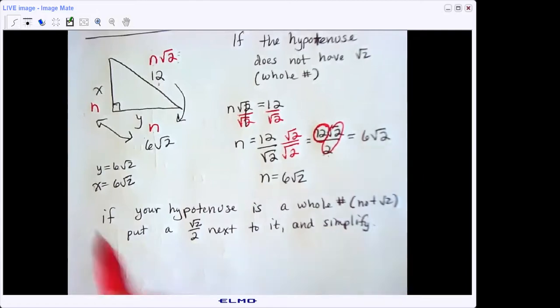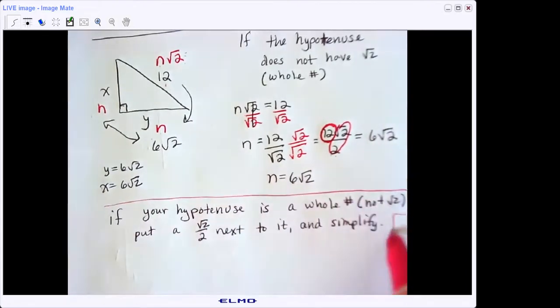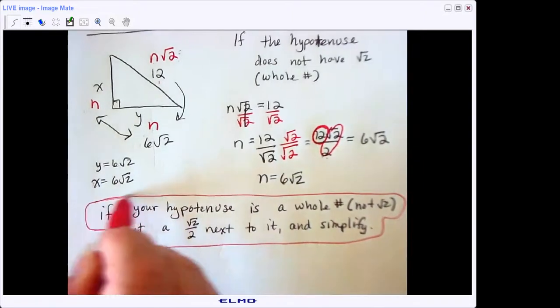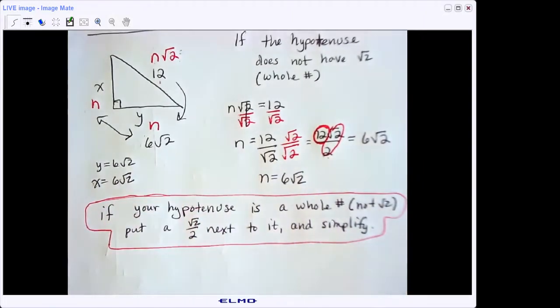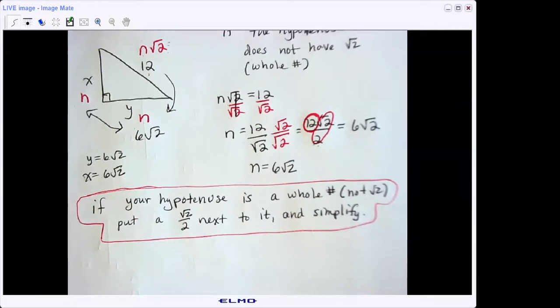Okay, so write that down and then put a box around it. That was important. It's not a root 2. Let me give you a second to write it down.